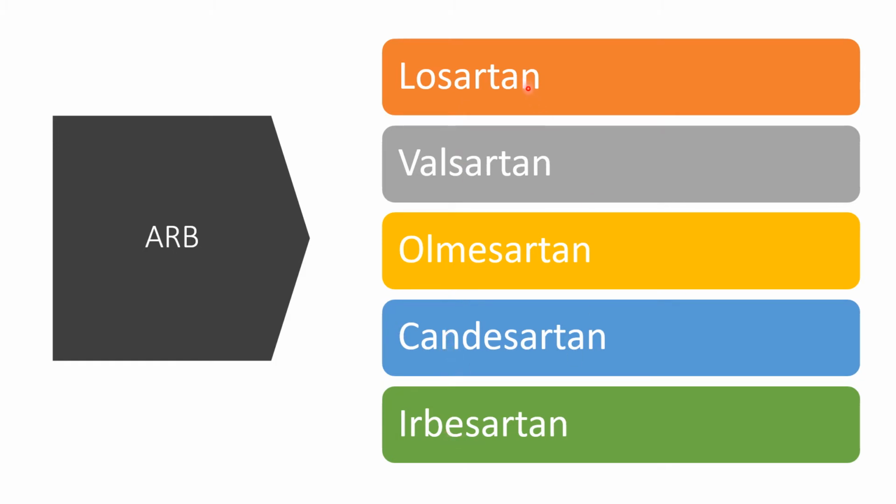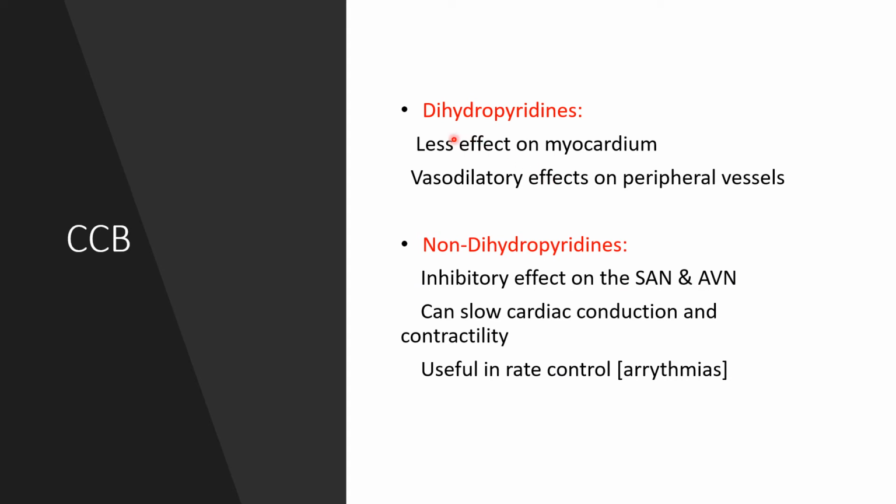Many companies are combining these with some other medications. Now, dihydropyridines. The dihydropyridines are less effective on myocardium, but they are very good with vasodilatory effects on peripheral vessels. So good for hypertension and migraine and so on.